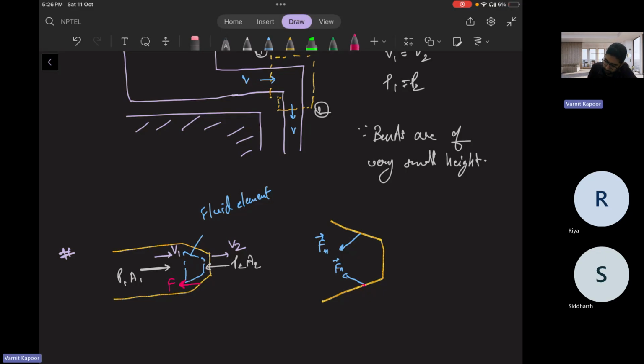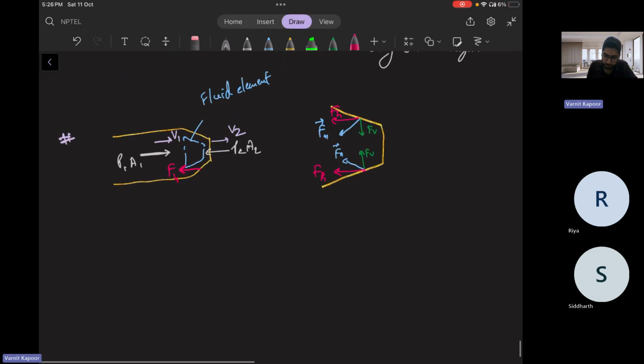So there will be a horizontal force, FH, and the vertical force, FV. So net force is only horizontal, that is your FH, because vertical forces cancel out.